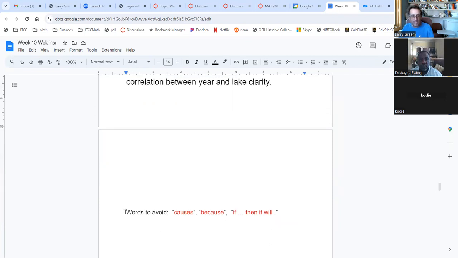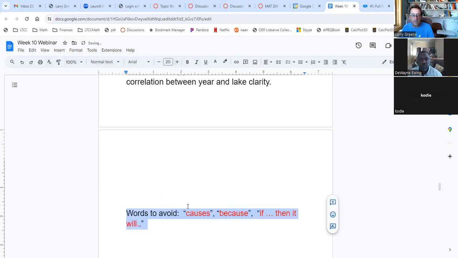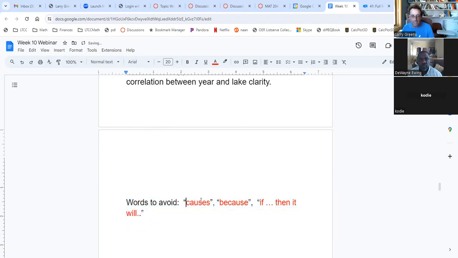And this is a biggie. When you're writing interpretations, avoid the word cause or causes, because correlation and causation are not the same thing.